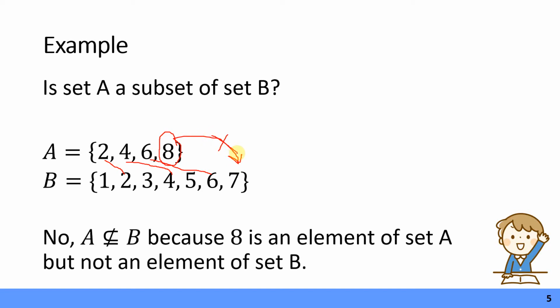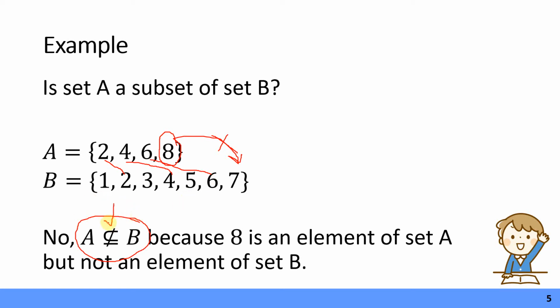The answer for this one is no. It's not a subset of B, because there is that little element, which in this case is 8, that is not part of the bigger set.